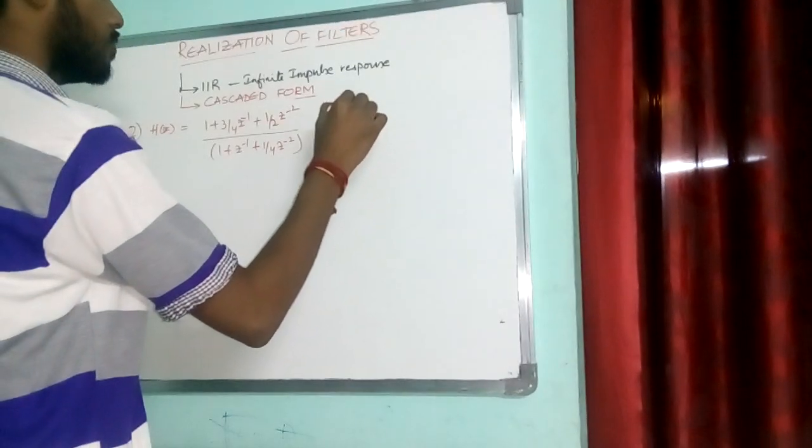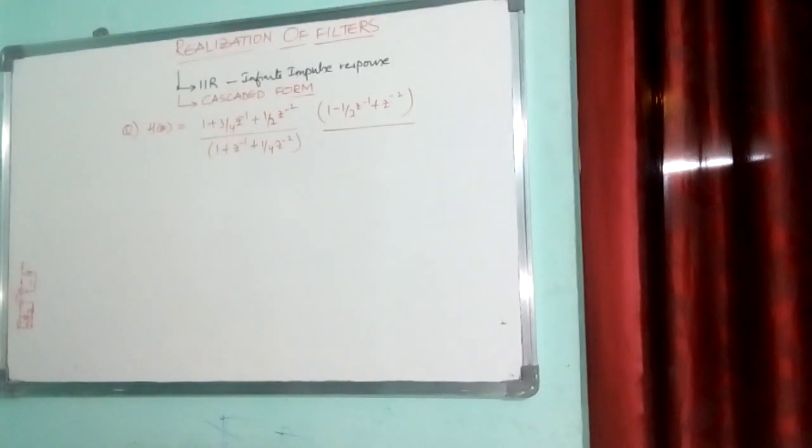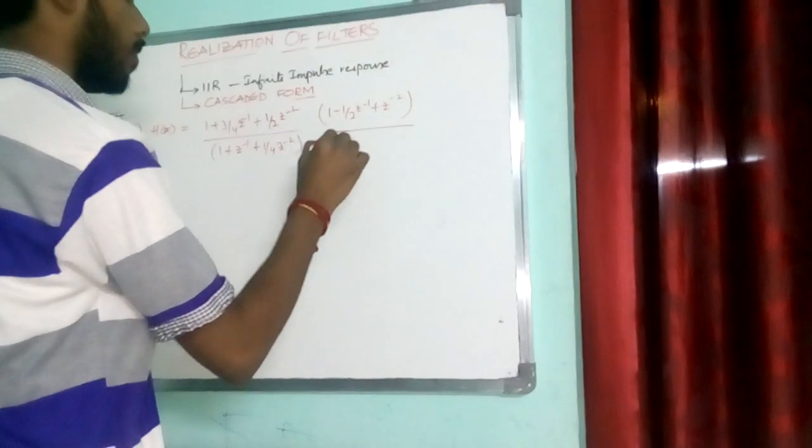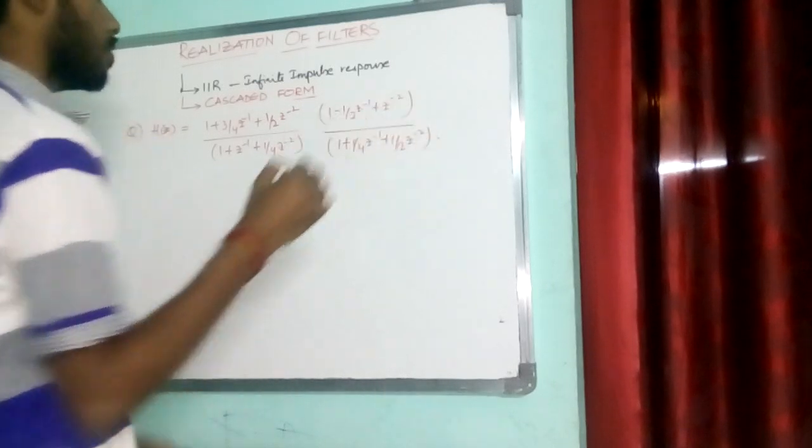h of z is equal to 1 plus 3 by 4 z inverse plus half z inverse 2 by 1 plus z inverse plus 1 by 4 z inverse minus 2 into 1 minus half z inverse plus z inverse minus 2 by 1 plus 1 by 4 z inverse plus half z inverse minus 2.